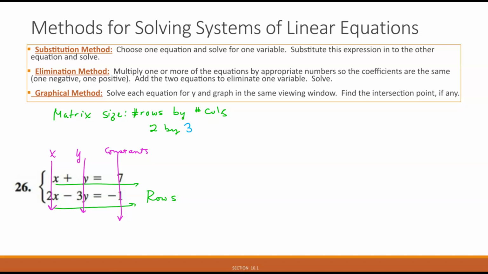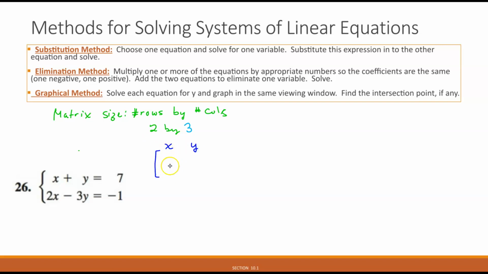Okay, so let's look at setting up a matrix for this system. We want a matrix for this system that is 2 rows, 3 columns. We're going to keep track of X, we're going to keep track of Y, and the other side of the equal sign.